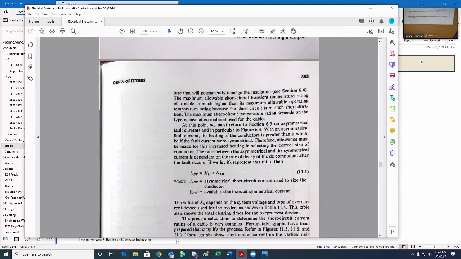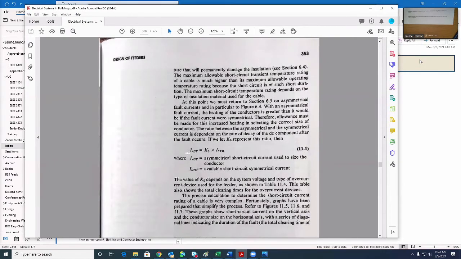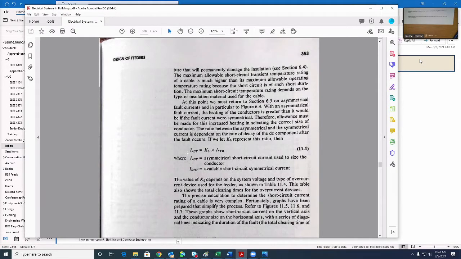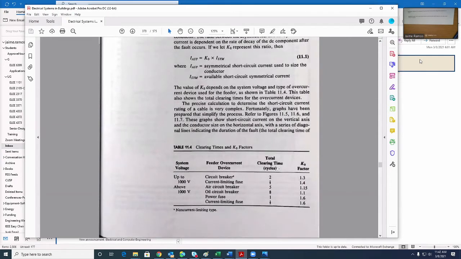Okay. So then going back to chapter 7, I think, when we discussed this. It's going to be an asymmetric current, which is a factor, K0, times the symmetric current. Symmetric current is the available short circuit current. K0 depends on the breaker and on the number of cycles.